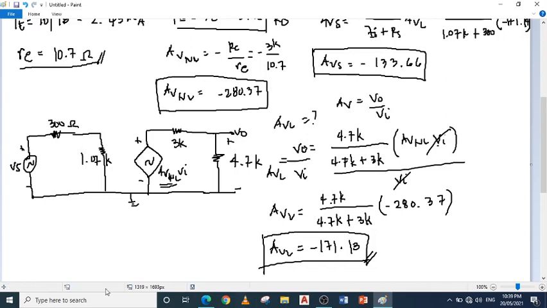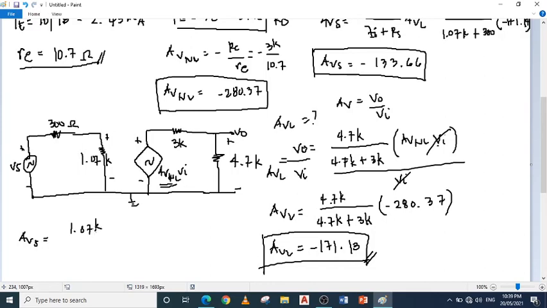Ngayon naman, to solve for AVS, okay, so ang AVS natin, di ba parang nag-ano ka lang din dito, di ba? Voltage divider ka lang. Di ba? So, since dito mo kukunin ang voltage natin, kumbaga, di ba? So, ang AVS is 1.07 kilo.